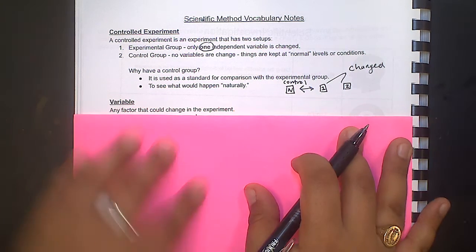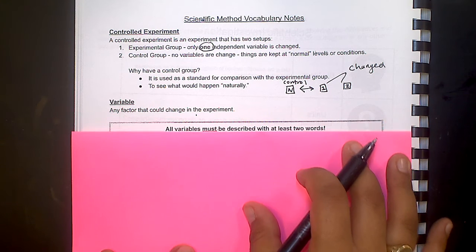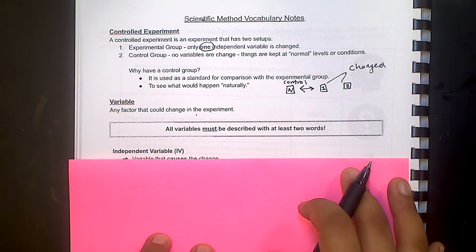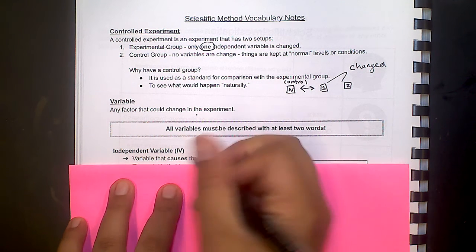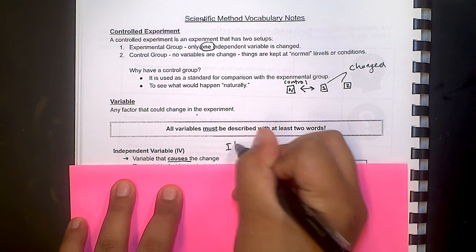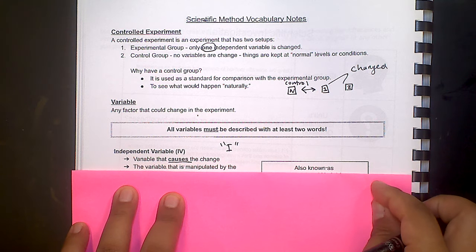So a variable is any factor that could change an experiment. So all variables must be described with at least two words. There's an independent variable, and that is a variable that causes change. This is the one that I, the scientist, decide to change.